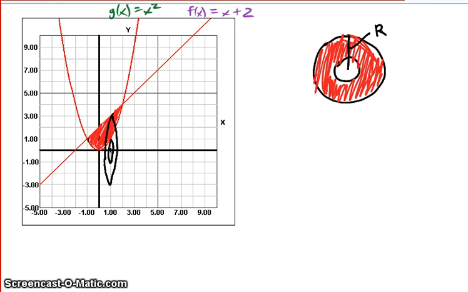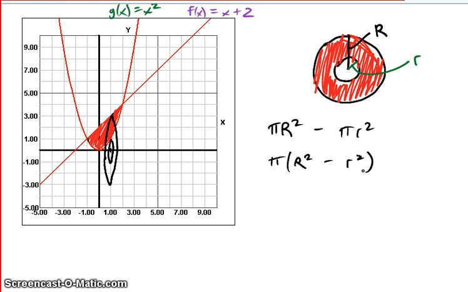Call that big R. And I'm in green, from here to here, we'll call that little r. And the area of the entire washer is pi R squared minus pi r squared, or pi times R squared minus r squared if you factor out the pi.